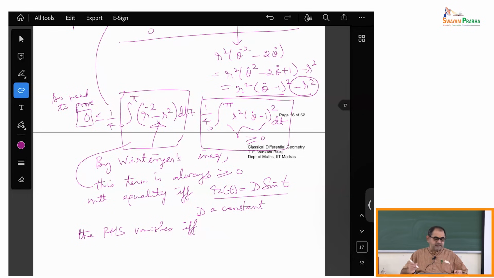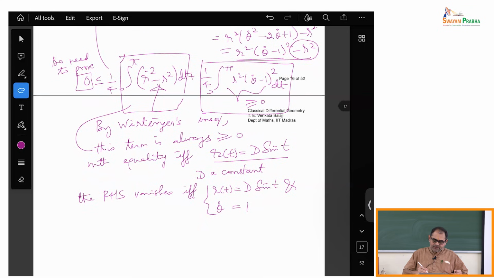The first term vanishes only if r of t is d sine t by Wirtinger. The second term will vanish if and only if theta dot is equal to 1. So if and only if r of t is equal to d sine t and theta dot is equal to 1. Both should happen. But you see, theta dot is d theta by dt. This is 1, so this means theta equals t plus alpha.